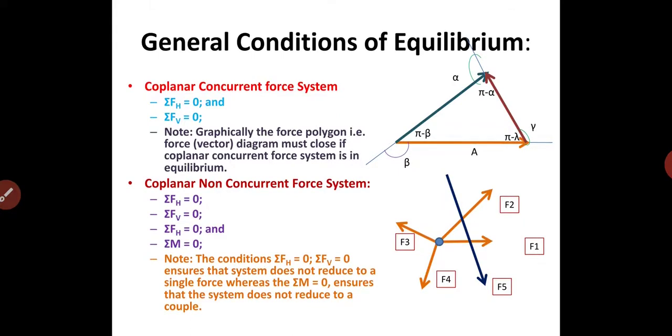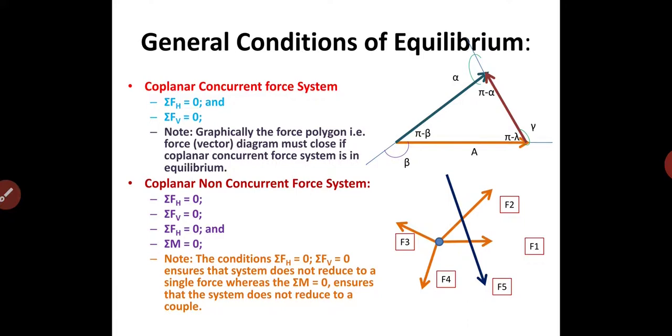Now, from the subject point of view, we have two force systems in our syllabus, that is the coplanar concurrent force system and the coplanar non-concurrent force system, and we will remain within these two force systems only. The general conditions of equilibrium: first, the coplanar concurrent force system.